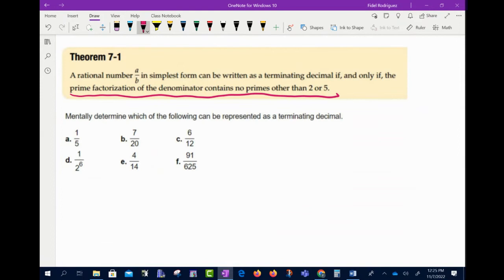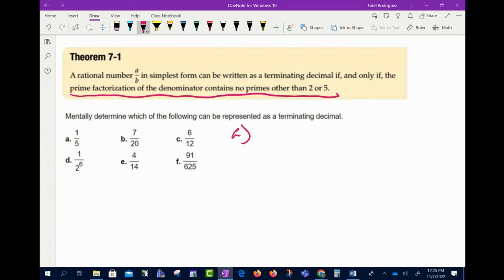Meaning if we break down the bottoms, the only numbers we want to see in the denominators are powers of 2, powers of 5, or combinations of 2s and 5s. We don't want to see any 3s, 7s, 11s, or 13s. We just want 2s and 5s.